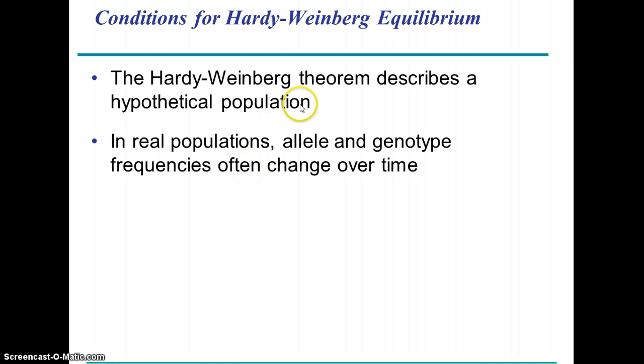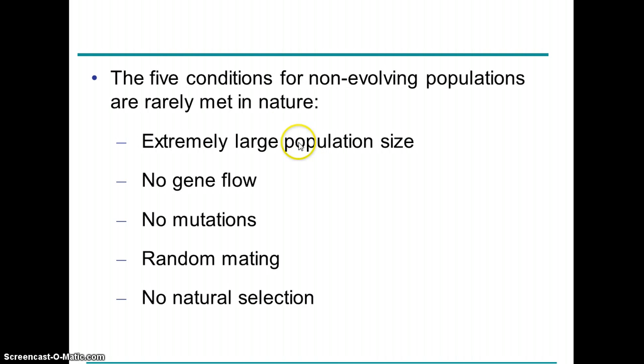Again, this is a mathematical, hypothetical description of a population. It says that allele and genotype frequencies do not change over time, but obviously those frequencies do sometimes change.